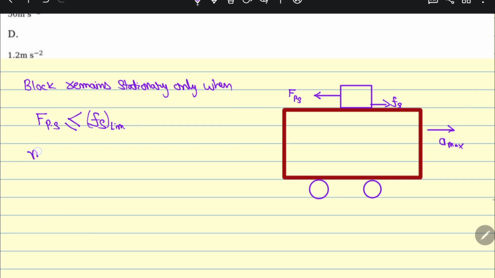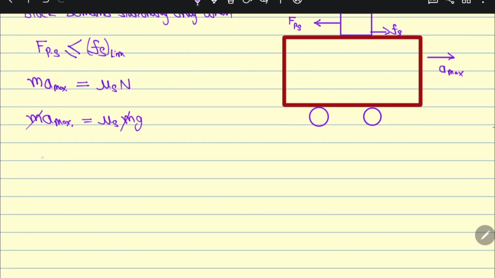We know that is m a max, the maximum acceleration so that this block remains stationary, equal to mu s into normal, and mu s into normal is mu s mg. So can I cancel m? So the maximum acceleration so that this block remains stationary is mu s into g.